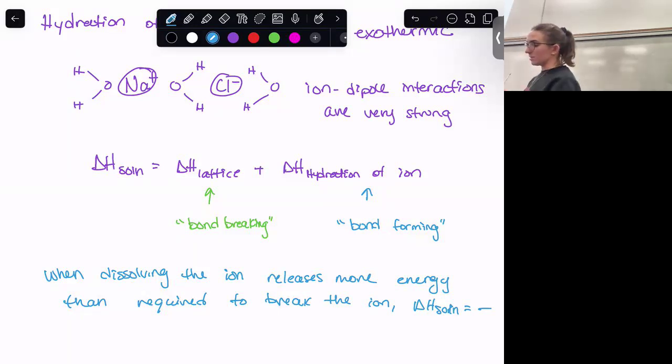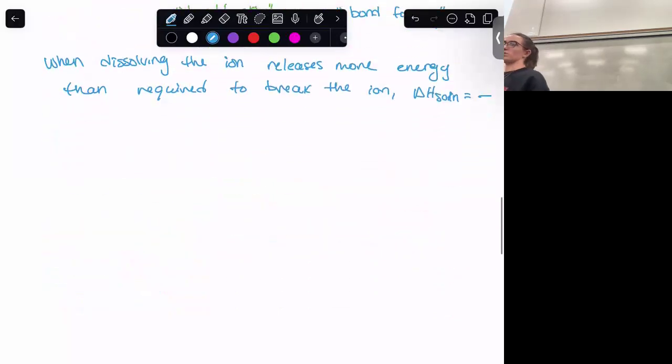Okay, so what goes into the hydration of an ion? Does anyone know what goes into that? Right, we're looking at the charged particles and them dissolving.